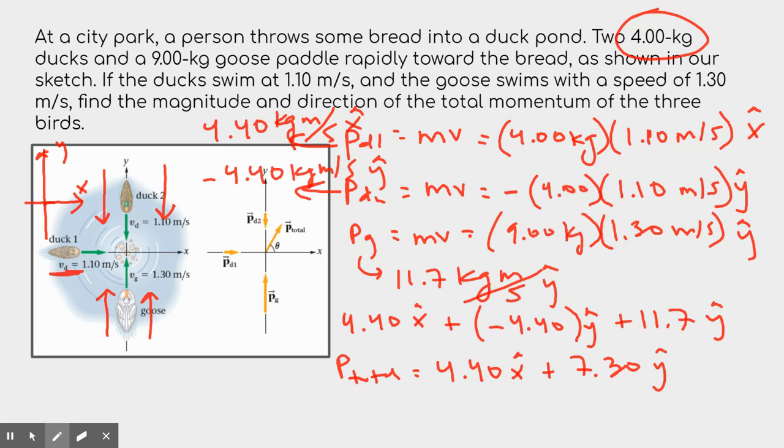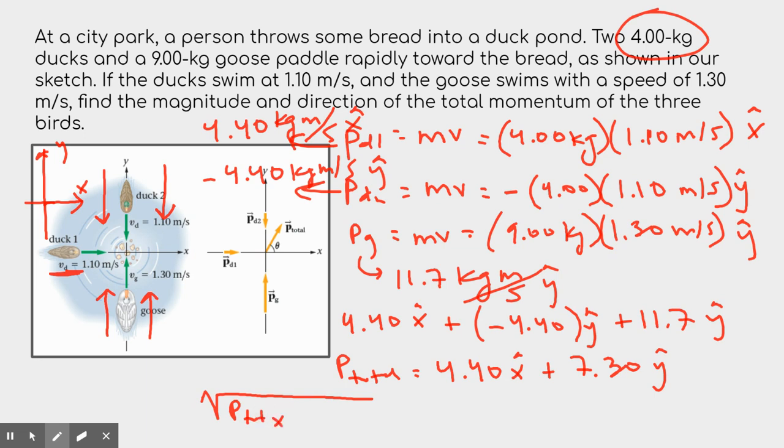We want to find the magnitude of our total momentum. To do that, we are going to use the following equation. And I think I'm going to have to go back and erase because this is not going to work.